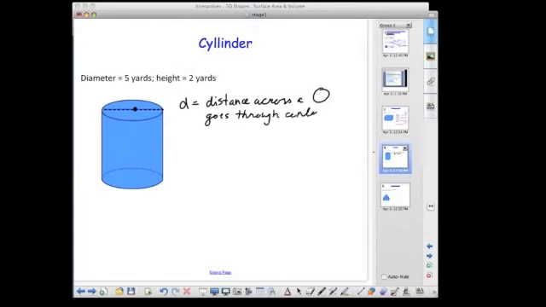The value that you see in a lot of circular functions is r, which is the radius. And the radius is 1/2 of the diameter. And it's the distance from the center of a circle to the edge.